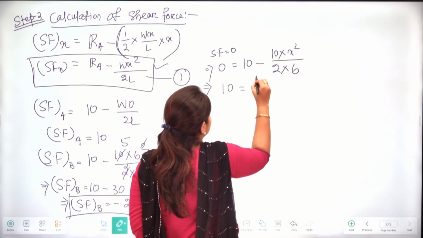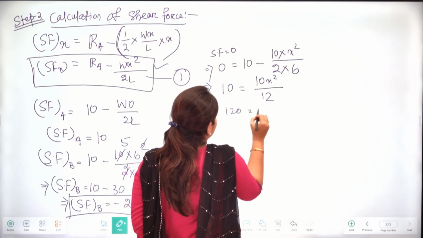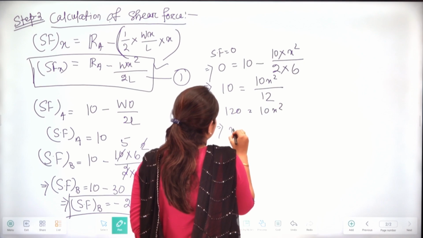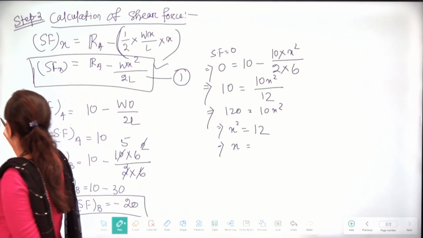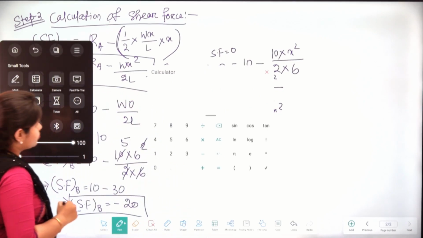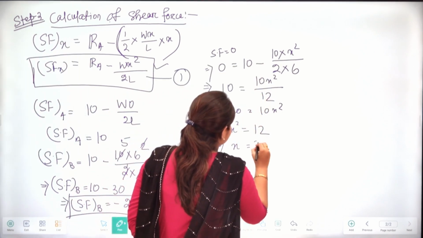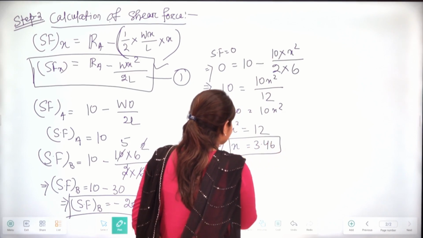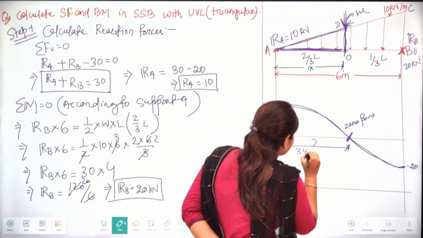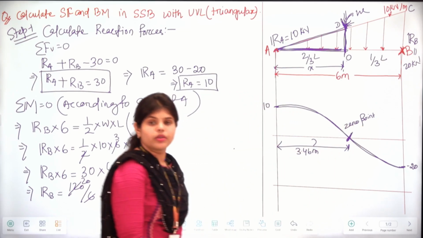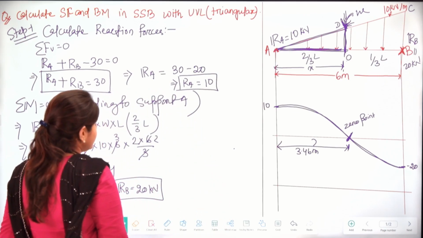So 10 equals 10x square by 12, that is 120 equals 10x square, so x square is 12 and x equals 3.46. So at a distance of 3.46 meter, we will have 0 shear force. Now let's calculate the bending moment.